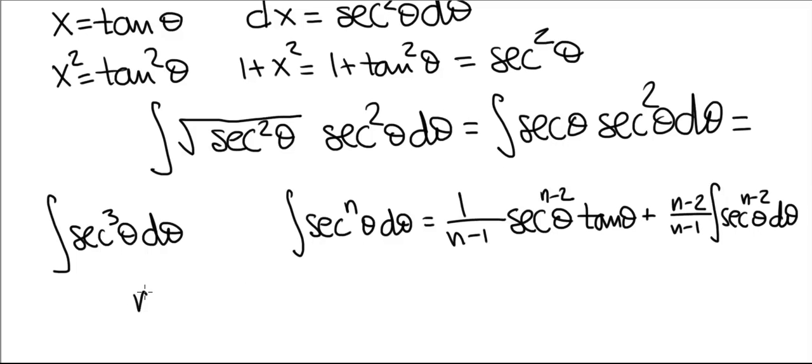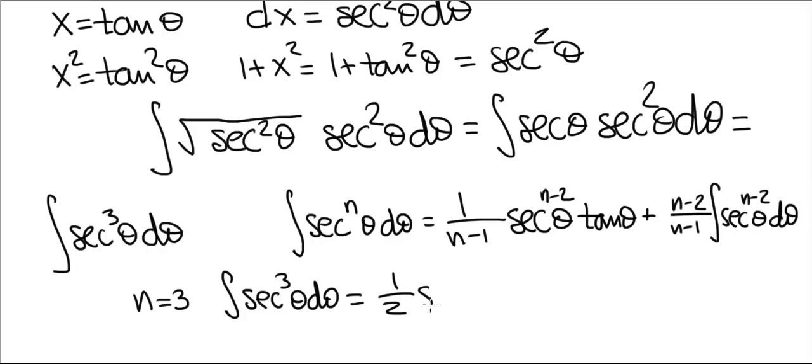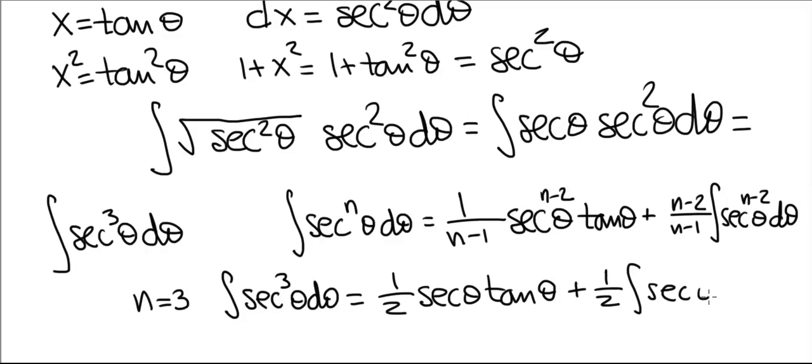Now in our case, n is 3, so the formula becomes: the integral of secant cubed of theta equals 1/2 times secant theta tangent theta. You just replace every n with 3, and that's what we have, plus 3 minus 2 is 1 over 3 minus 1 is 2, so that's 1/2 times the integral of secant theta d theta.